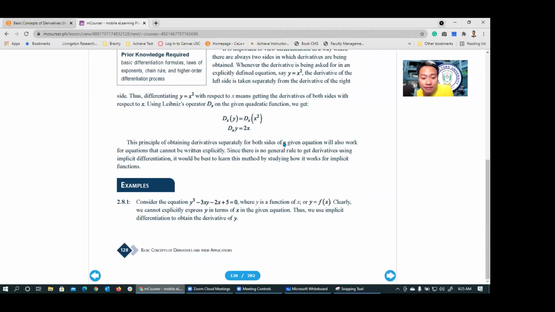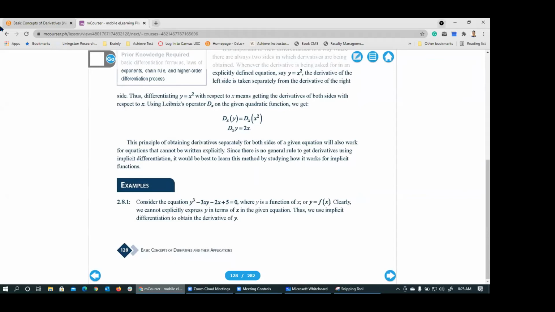Let's work on implicit differentiation, guys. Sir, what do we mean by implicit differentiation? Implicit differentiation, guys, is different from the previous differentiation that we do.